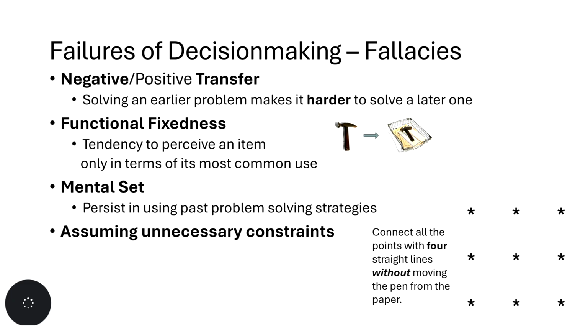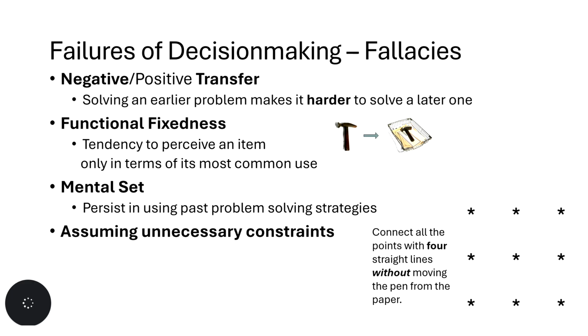Then we have the mental set fallacy. So we persist in using past problem-solving strategies, even if they've not been successful. They're familiar, so our brains will tend to do that first. Kind of a slight amalgamation of the availability heuristic. And then assuming unnecessary constraints.